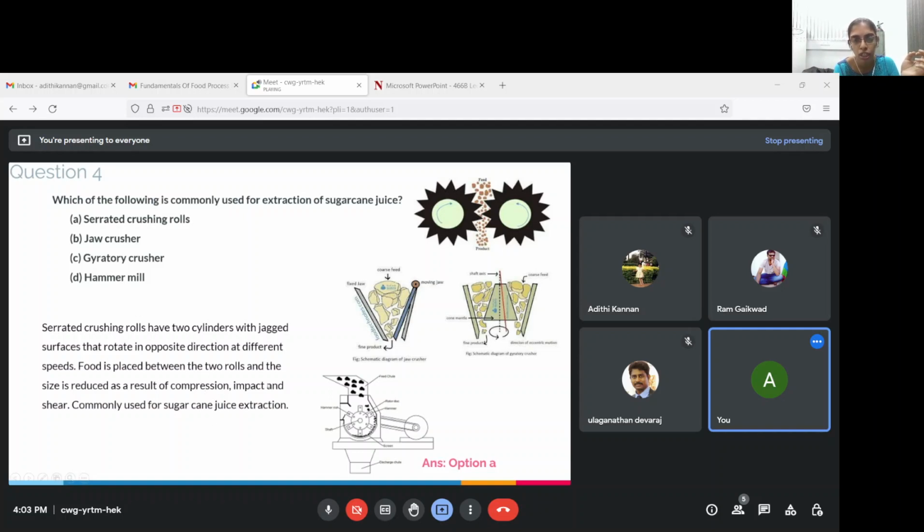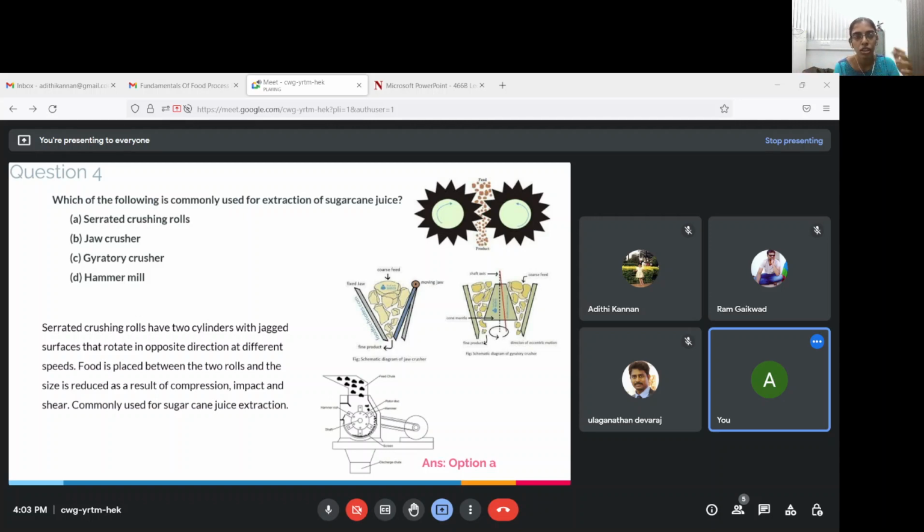So this is compression. Impact is you're actually throwing or directing the food product towards a stationary metal or a stationary jaw or something like that, so that because of the force with which it hits the stationary metal, the product will crack and will become of a smaller size.